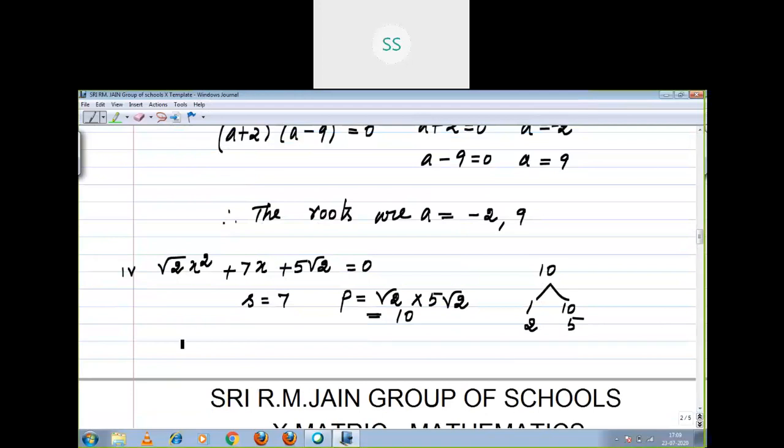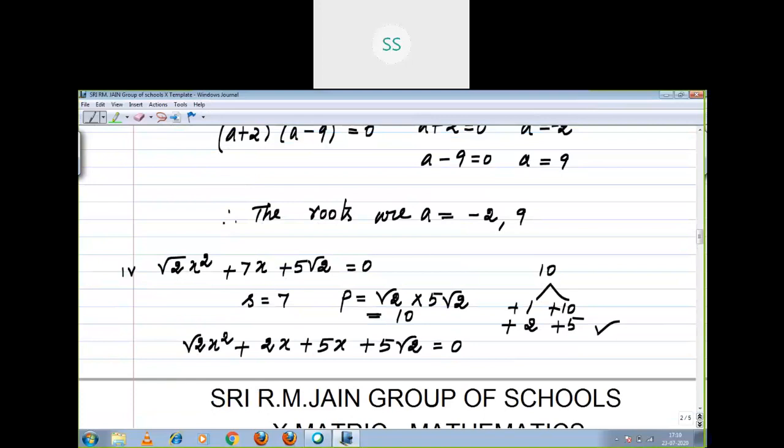Root 2 x square plus, because sum is positive, product is positive, both the things are positive. Which is apt here? Yeah, the second one is apt. Now I'm going to write, you see here, 2x plus 5x plus 5 root 2 equal to 0, right?